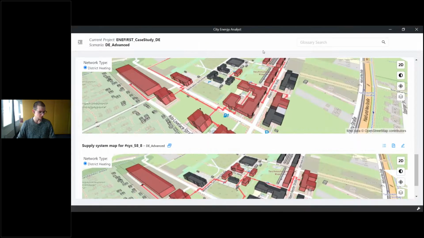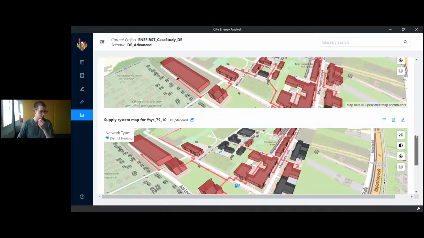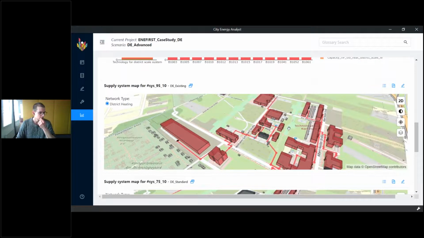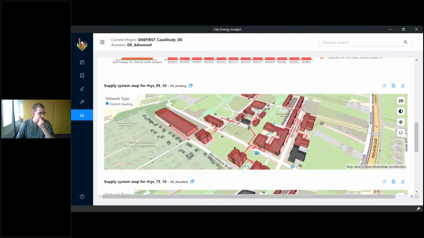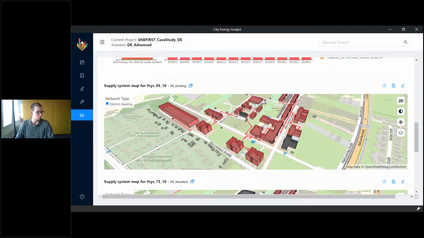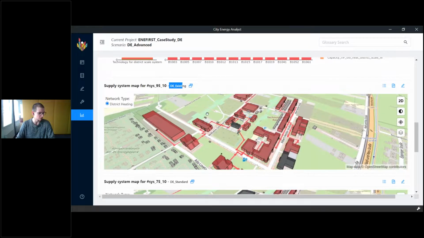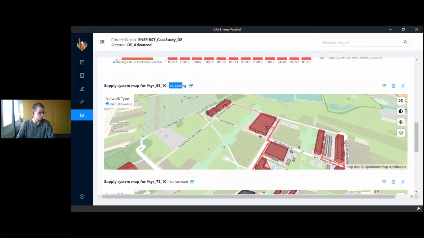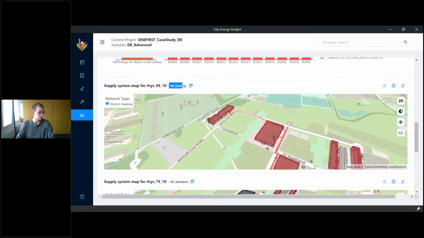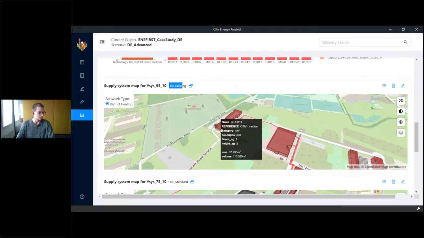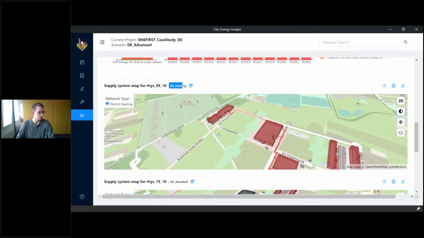So what we see right here is some direct output from the CEA model. Right here at the top, you see the cost optimal network layout for the Germany existing scenario, in which almost all of the buildings are connected to the district heating system, also including the school that is quite far located here at the top.